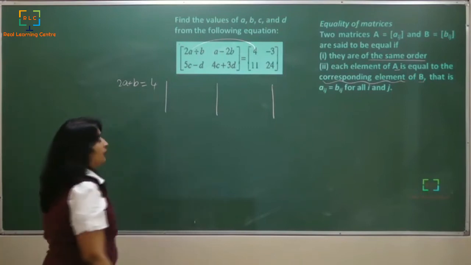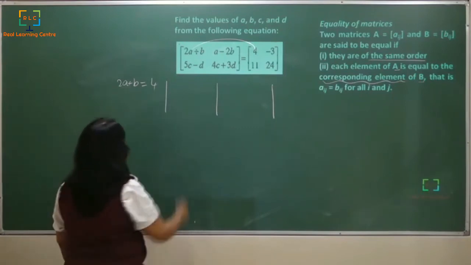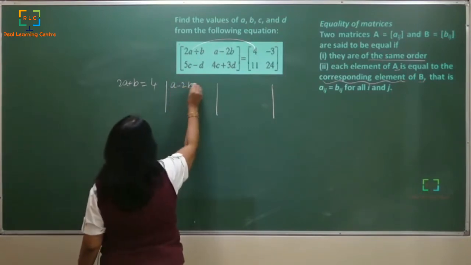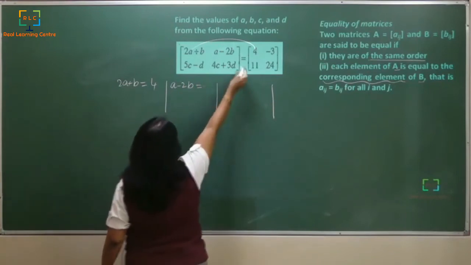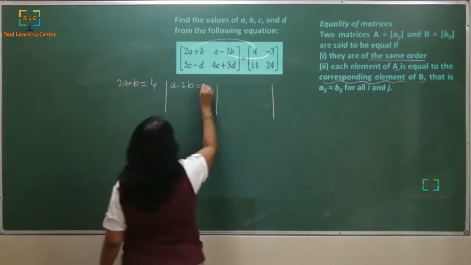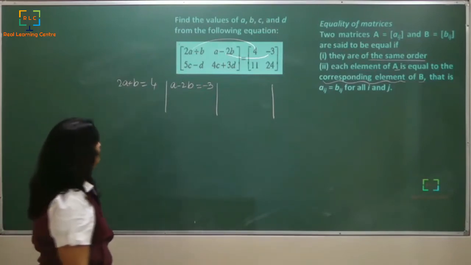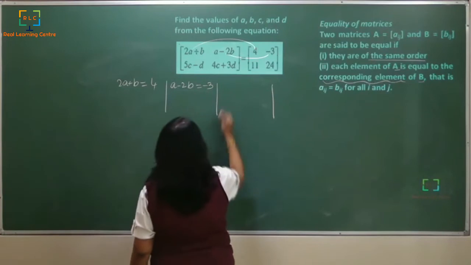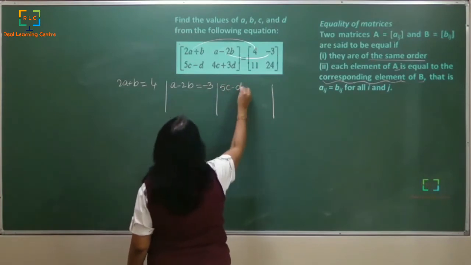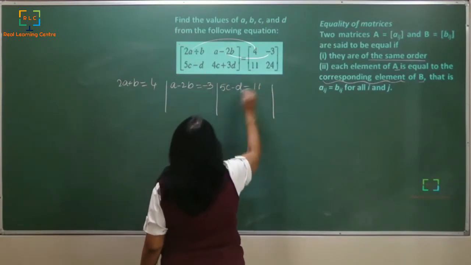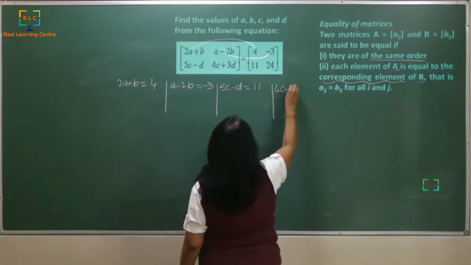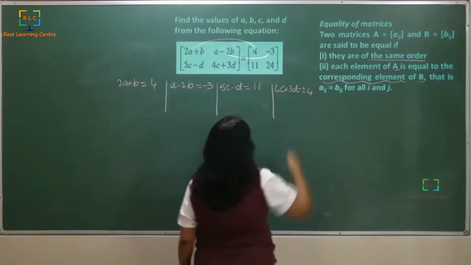The next one: A minus 2B is equal to minus 3. Then 5C minus D is equal to 11, and 4C plus 3D is equal to 24.